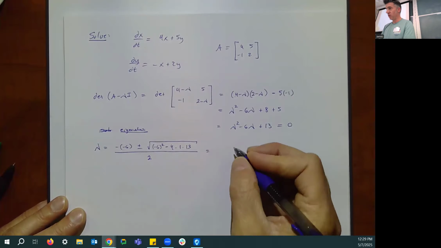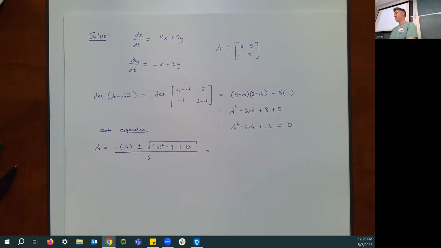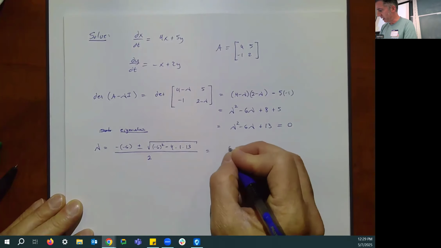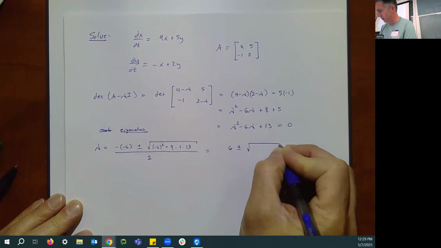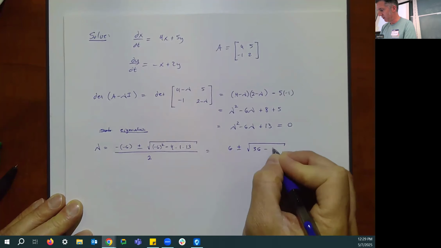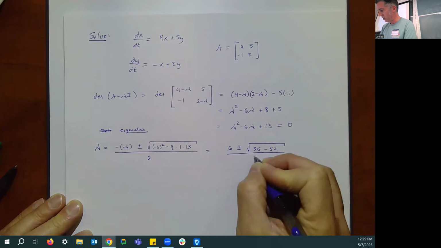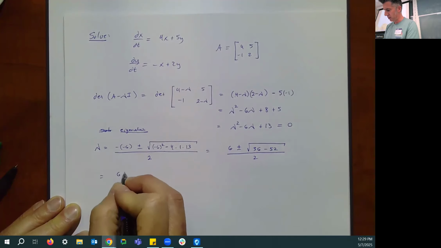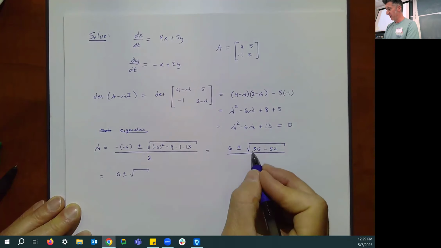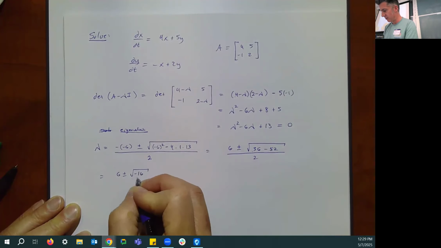That ends up simplifying down to, and you definitely want to simplify the quadratic formula as much as you can, which is an argument for maybe doing this a different way, because sometimes simplifying the quadratic formula is kind of gnarly. This is going to be 6 plus or minus the square root of 36 minus 52, divided by 2.